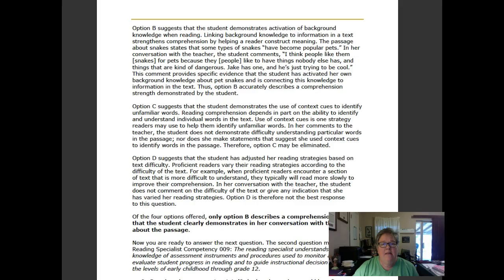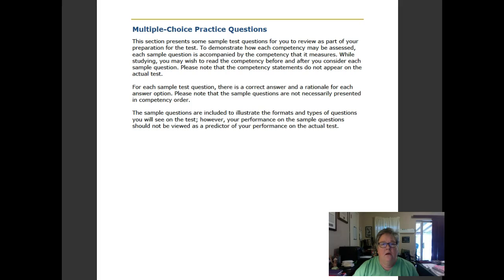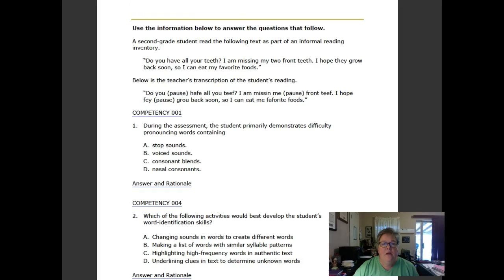After that, the practice questions begin. And it'll tell you which competency the question is addressing. So on the discussion board, I have divided out the discussion board into the different competencies. What that means is that you're not going to answer the questions in the order in which they appear in the test.